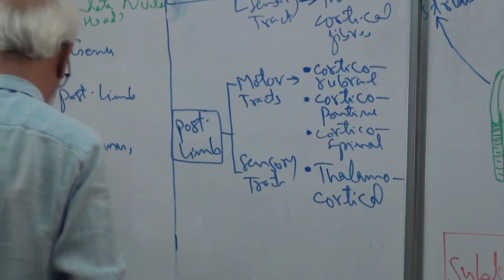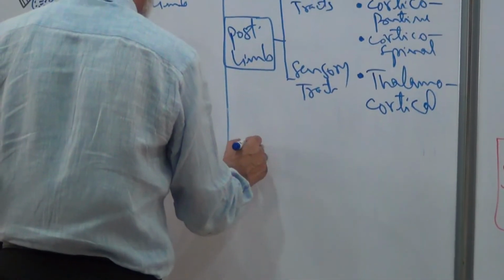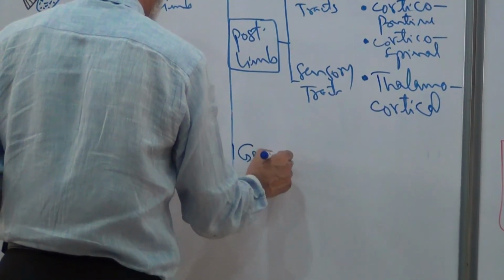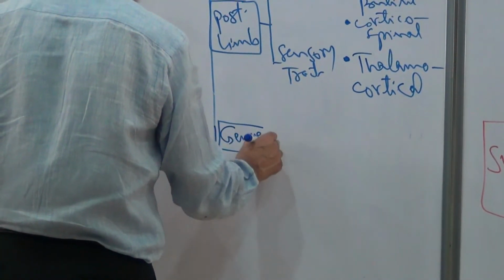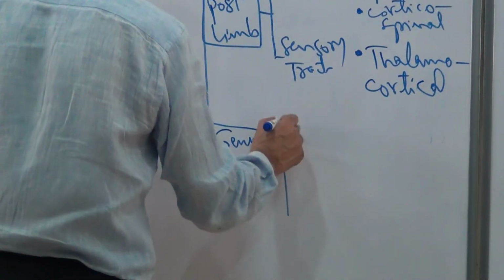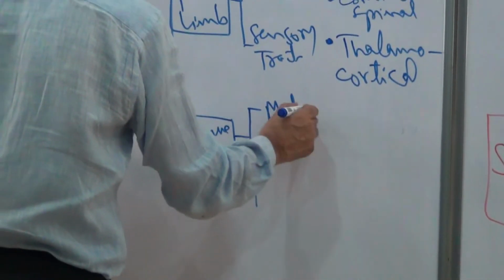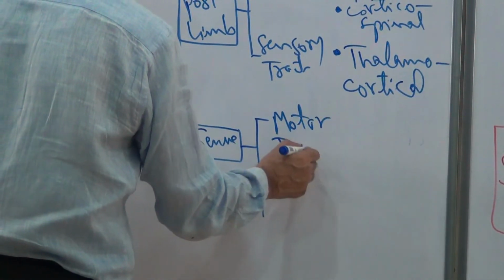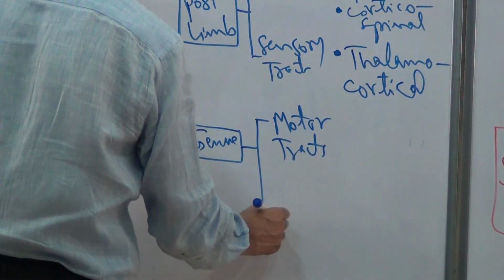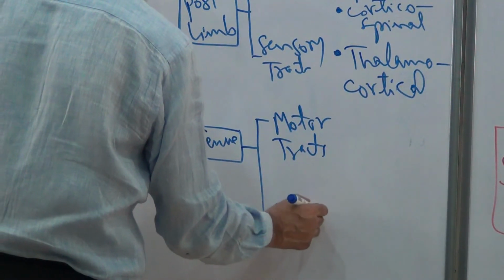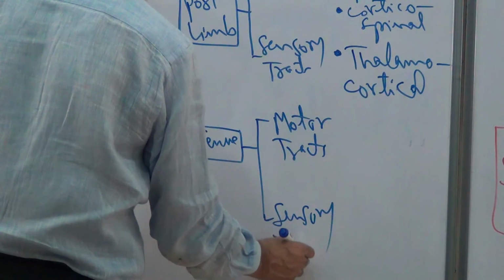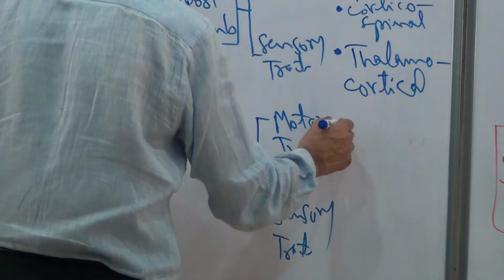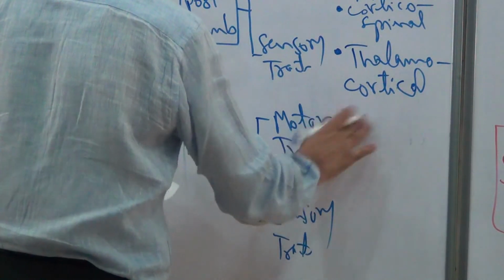Next, the genu. What are the motor tracts passing through the genu, and what are the sensory tracts passing through the genu of the internal capsule?